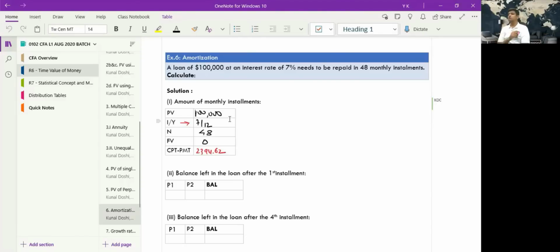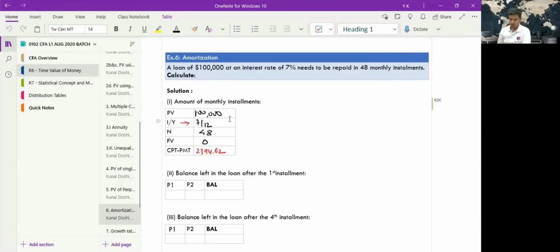So most of the time people make an error because their focus is somewhere else. Because we are focusing more on the new function, we forget the old traditional thing, and the traditional thing here was that you have to take the interest as 7 by 12, because the interest is yearly and the installments are monthly. Got it? Clear, everyone?